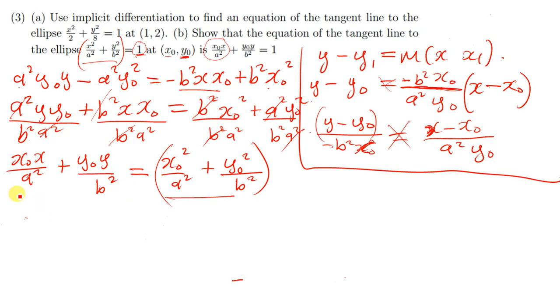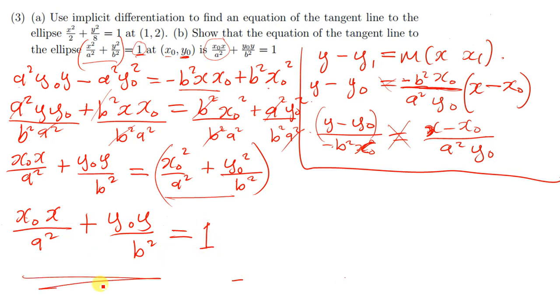So this is just going to be x naught x over a squared plus y naught y over b squared is equal to 1. And this is how we show that the equation of the tangent line to the ellipse at the point x naught comma y naught is given as that. So this is the equation.